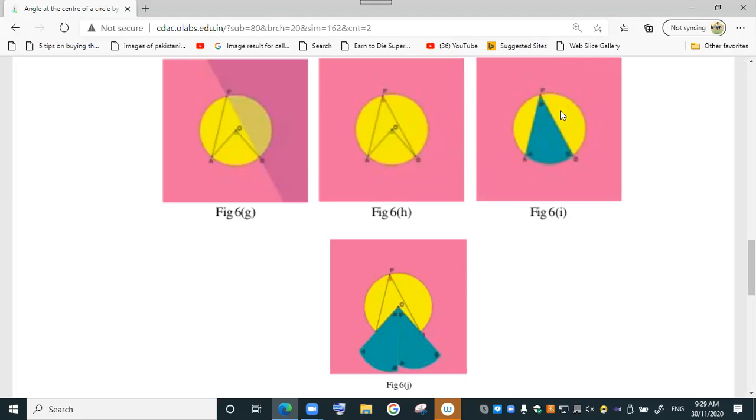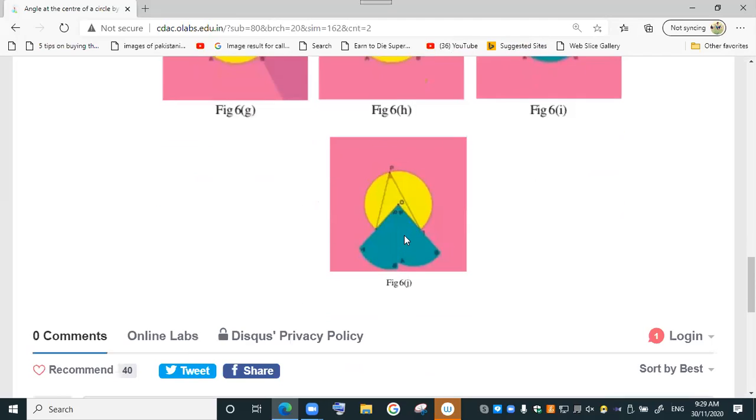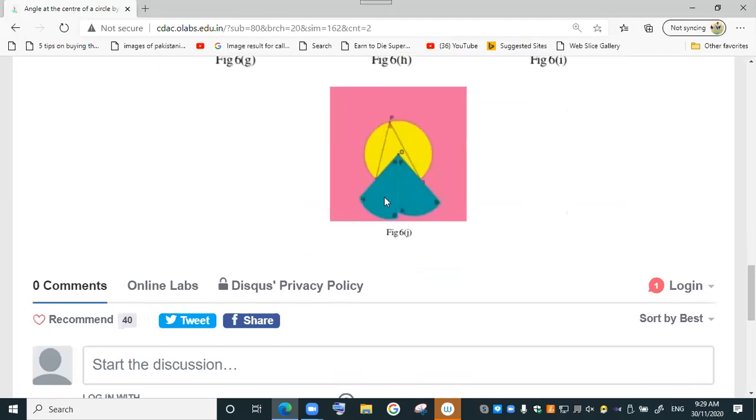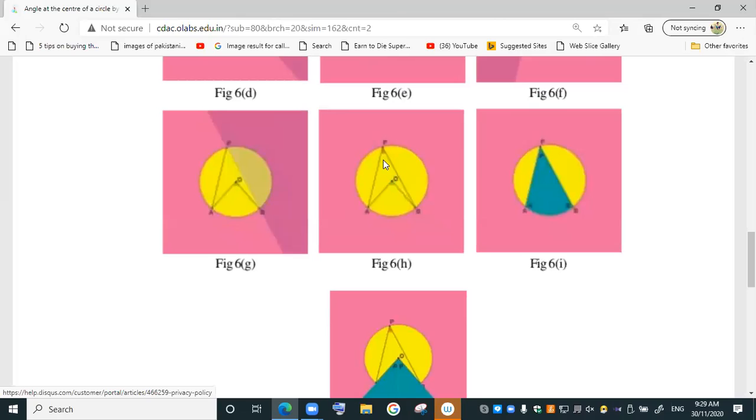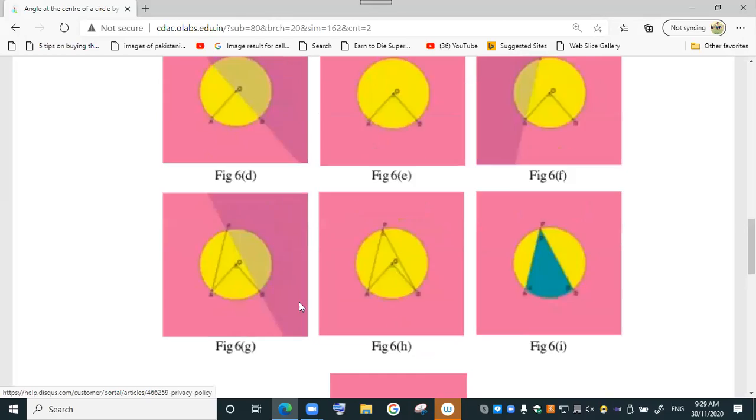Then 2 more replicas of this color. If you make the same angle here, it will show that this is double of this. This practical will prove that this is double that angle.